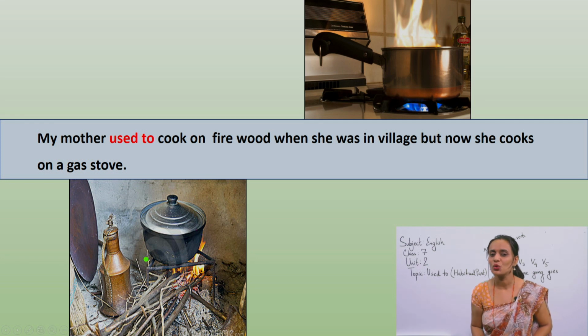She used to cook on firewood. This was her past habit. Now, this is her present habit. So, my mother used to cook on firewood when she was in village, but now she cooks on a gas stove. She's using firewood here. You can see the wood here, isn't it? Now she cooks on a gas stove. You can see the gas here. Okay?